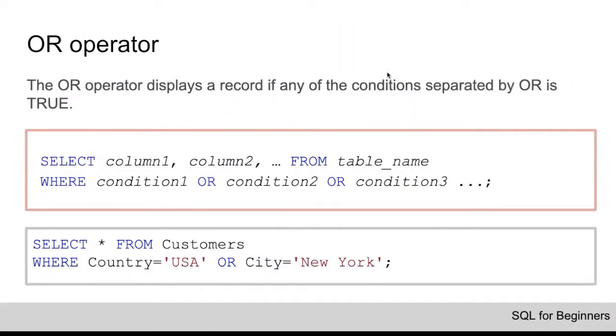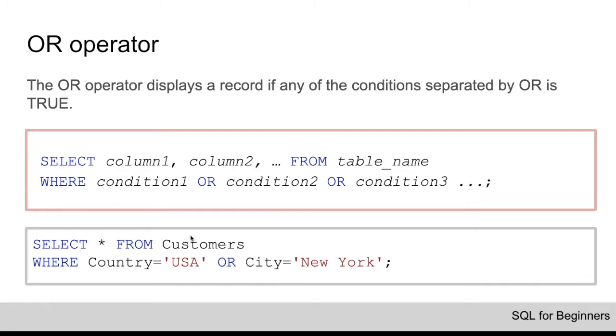Our next operator is the OR operator. The OR operator displays the records in our result set if any of the conditions separated by OR is true. For example, if condition 1 is true and the other conditions are not true, it's still going to give us the result set and display the records.